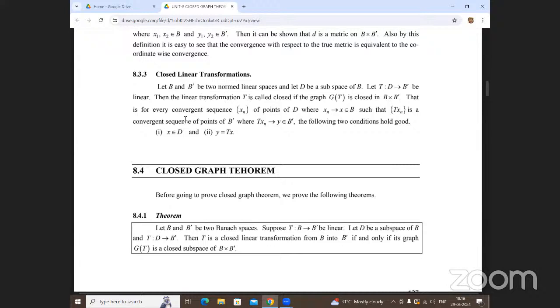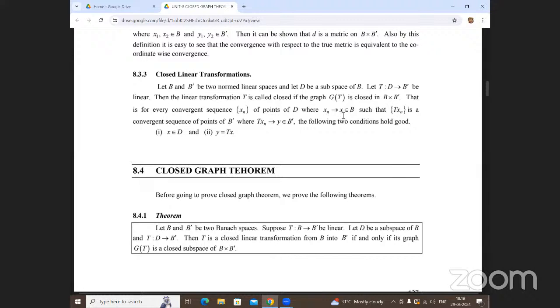Now, consider every convergent sequence xn of points of capital D. Here xn converges to x, so that x belongs to the domain of the Banach space.